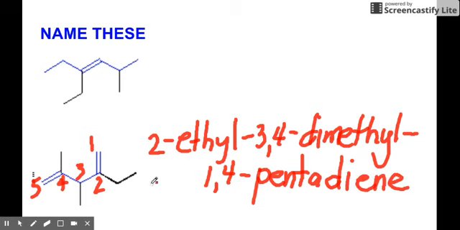Please do not put the di before penta. The di should be before the suffix ene. So pentadiene. So the complete name for this compound is now 2-ethyl-3,4-dimethyl-1,4-pentadiene.